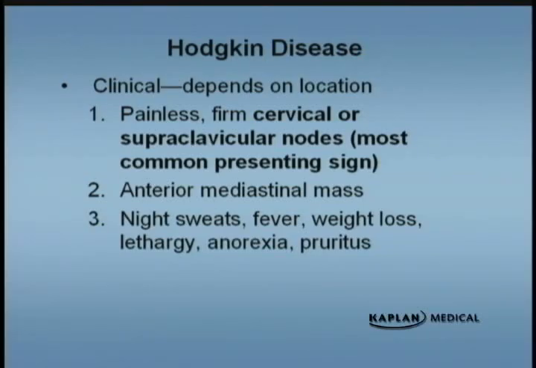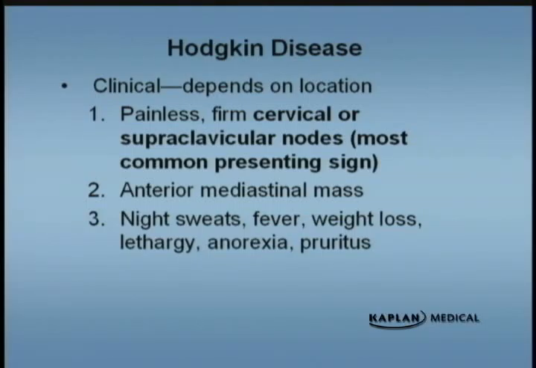The supraclavicular lymph node is always considered a problematic one. Cervical ones, we worry about infection, but if you palpate a supraclavicular lymph node, you should start thinking that this child may have a malignancy, most likely a Hodgkin's. Sometimes Hodgkin's can present as an anterior mediastinal mass.